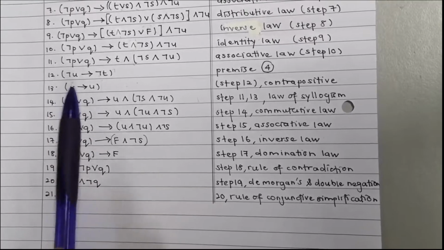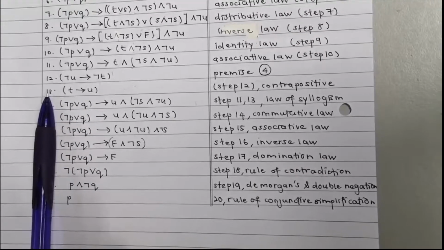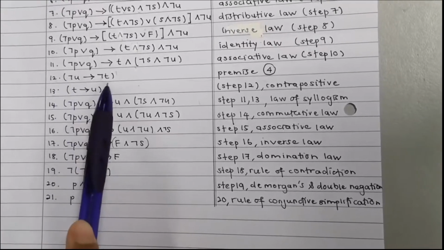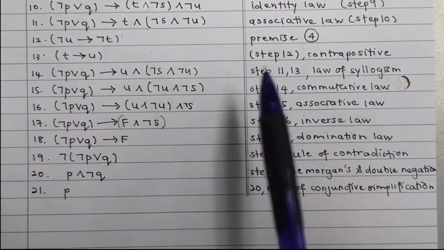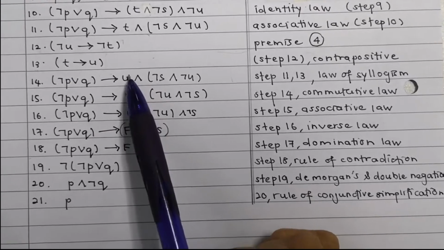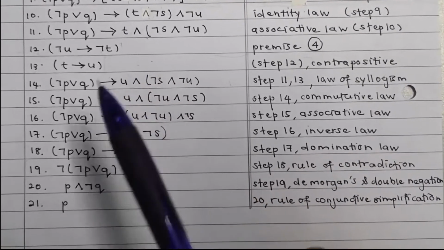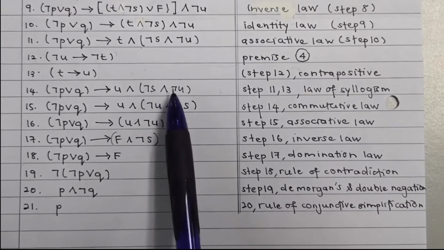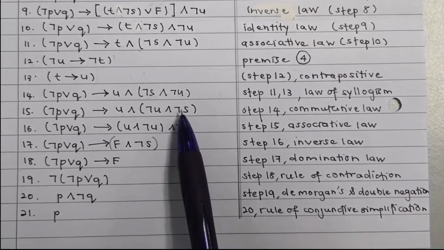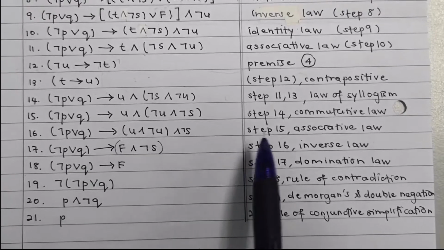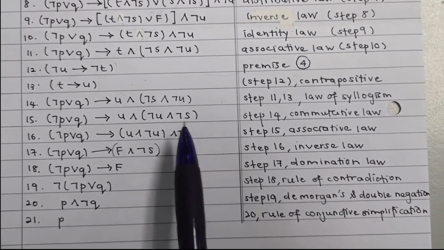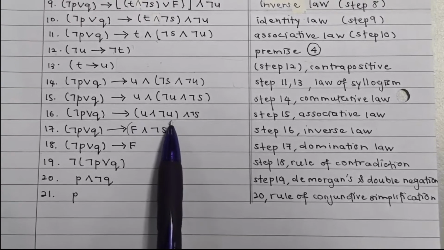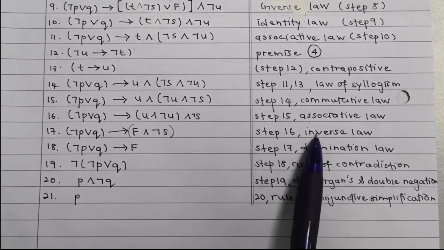Step 12 is a premise from the argument. For step 13, we can use the law of contraposition on step 12 by negating and changing U and T. Next step, based on steps 11 and 13, we can use the law of syllogism by changing T into U. For step 15, we can use the commutative law by changing not S and not U into not U and not S. Next, we can use the associative law by changing the brackets. In step 17, U and not U can change to F by using the inverse law.